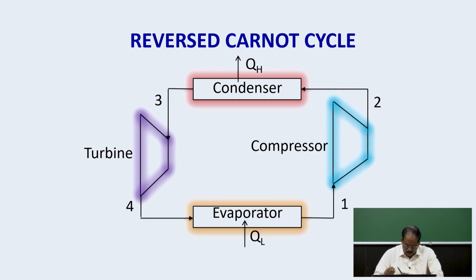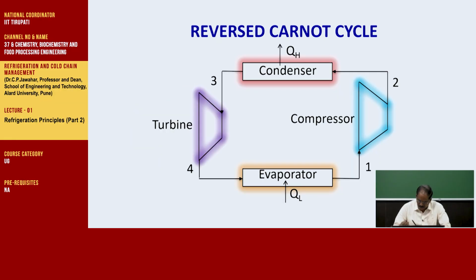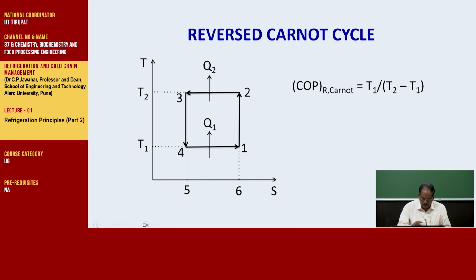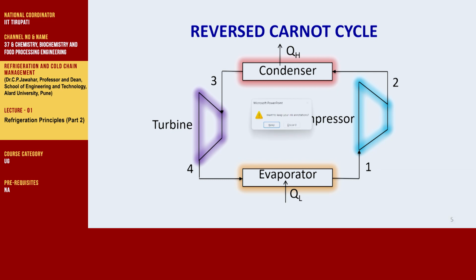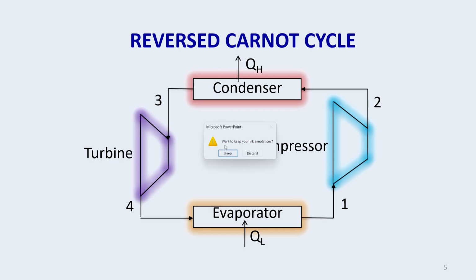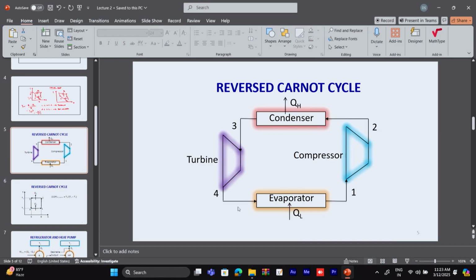There is one small correction here, because in the next slide I have used the terms 1, 2, 3, 4. Similarly here I have used QL and QH; I will change the suffixes.